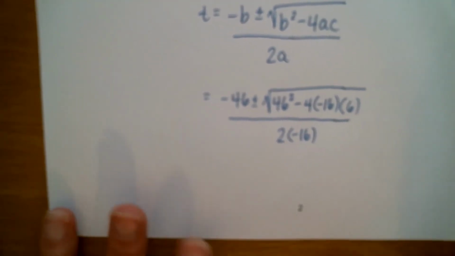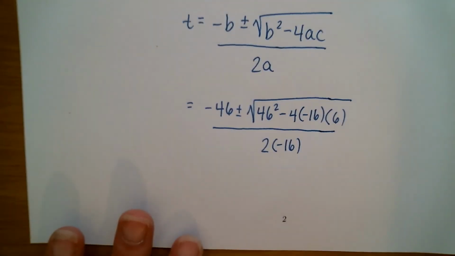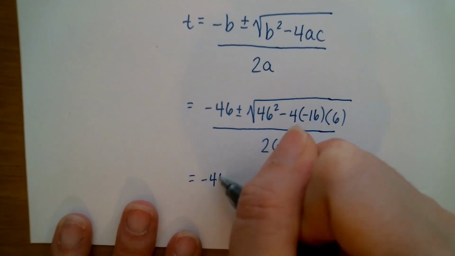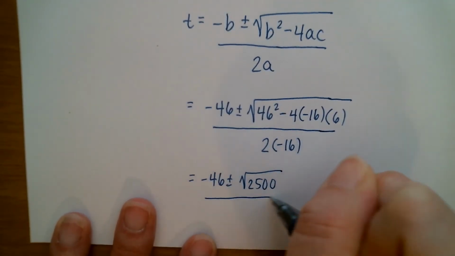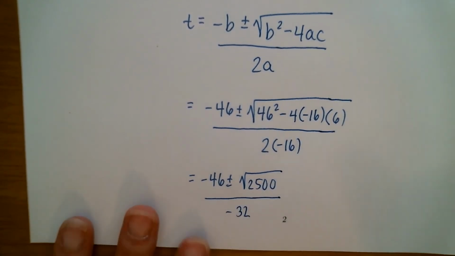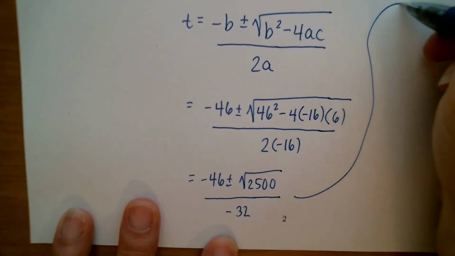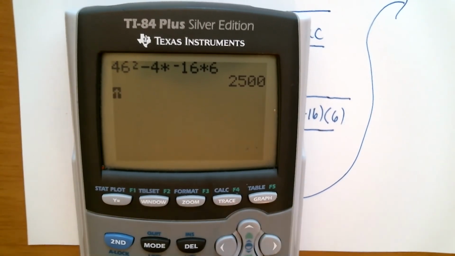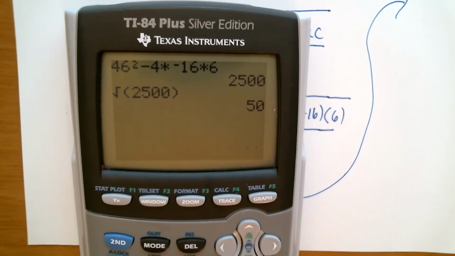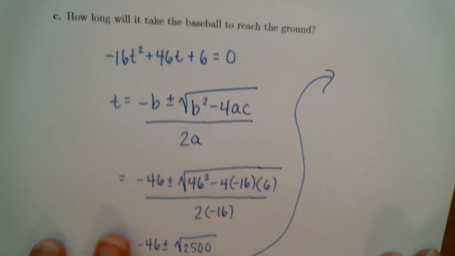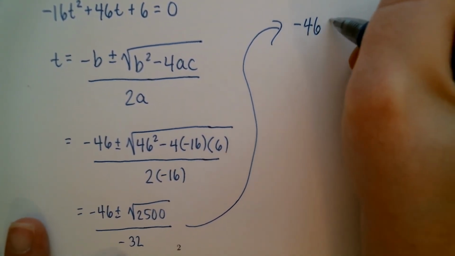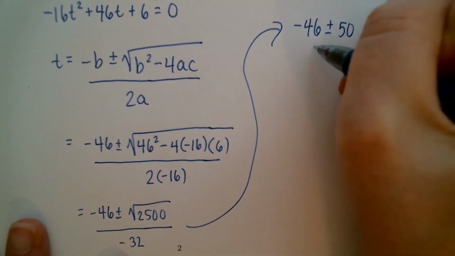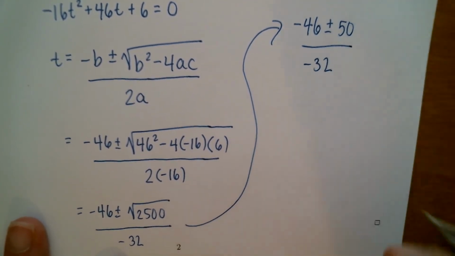This is going to give us negative 46 plus or minus the square root of 2,500, all over negative 32. If you calculate the square root of 2,500, you're going to see that that's 50. So this turns into negative 46 plus or minus 50 over negative 32.